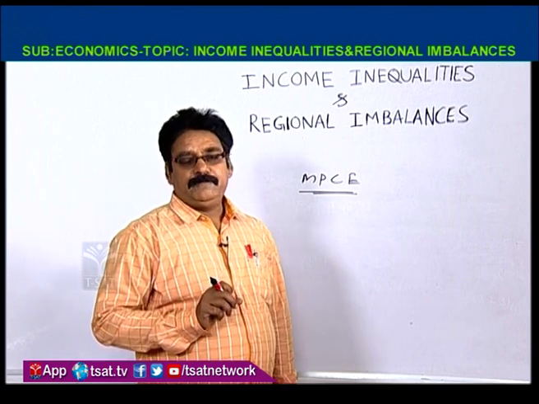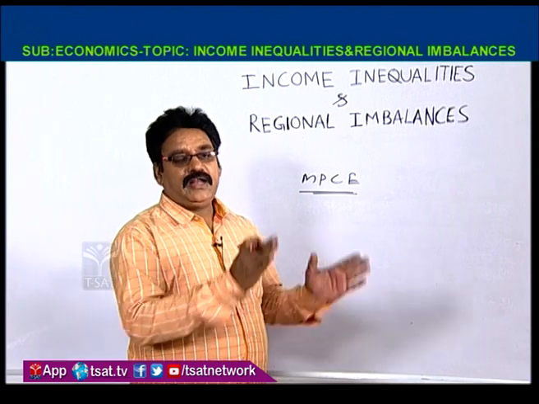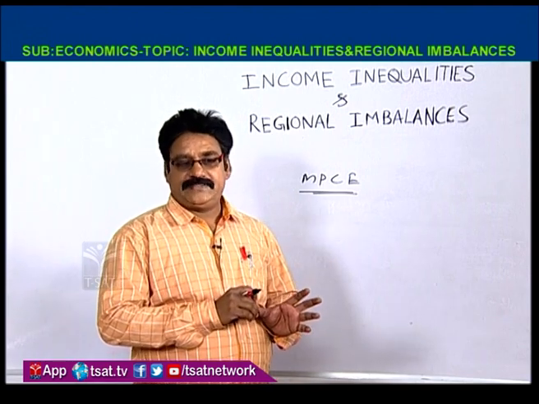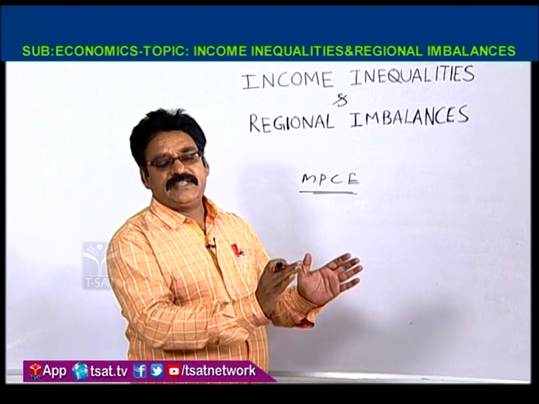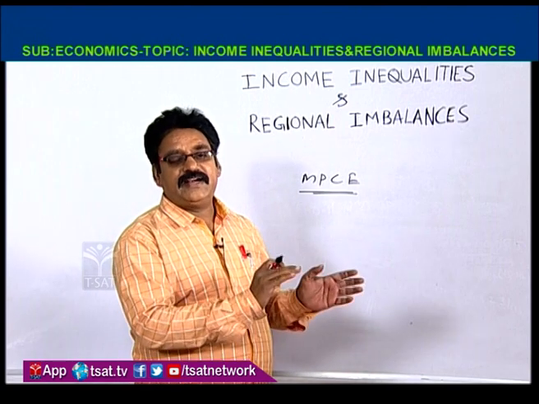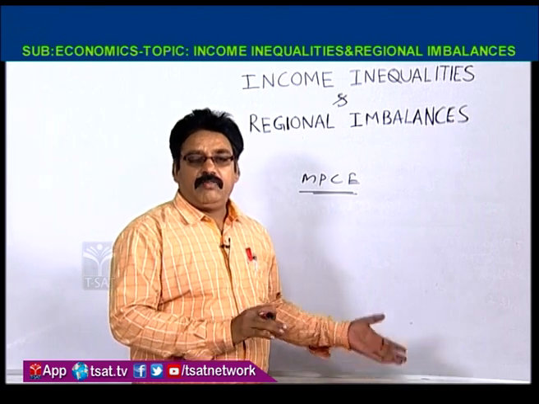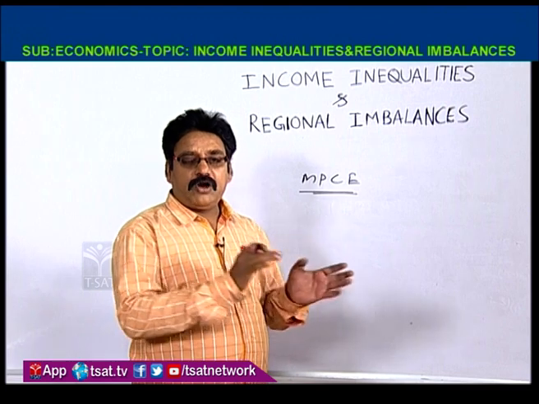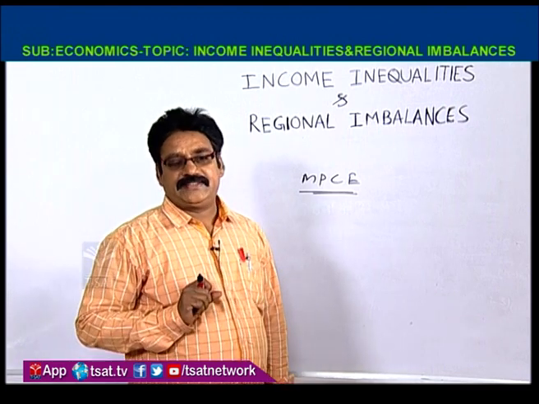For example, if there are 100 acres and 100 land holdings, 67% of the holdings come under marginal holdings, less than 1 hectare, but they have only 22.2 acres of the operated area.